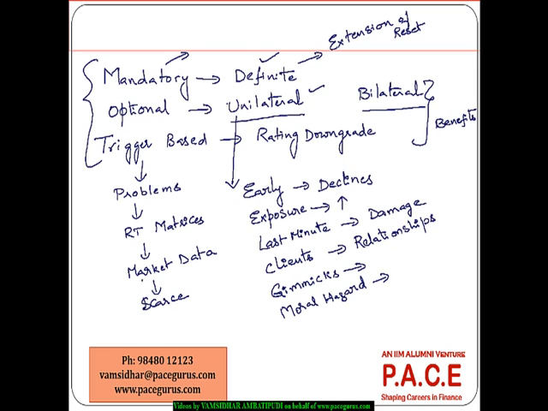And the biggest problem is the ratings, they come up after the whole damage has been done. We have seen even in the financial crisis, they are extremely slow in reacting to the negative credit information. So after the whole damage has been done, the ratings will start downgrading.